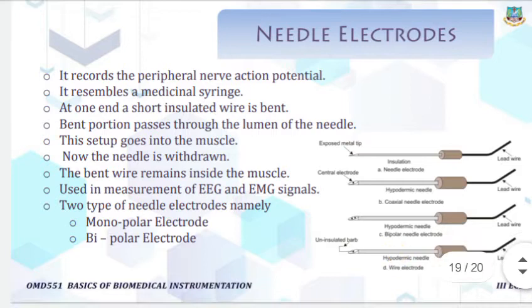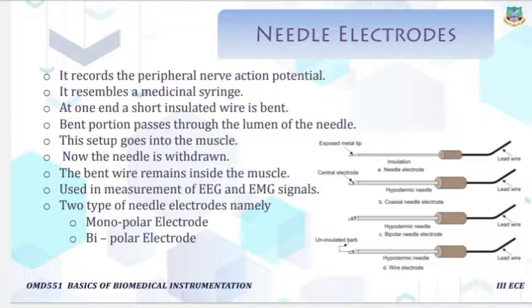The last one is the needle electrode. It is used to record the peripheral nerve action potential. It acts like a syringe. A short length of fine insulated metal wire is bent at one end.